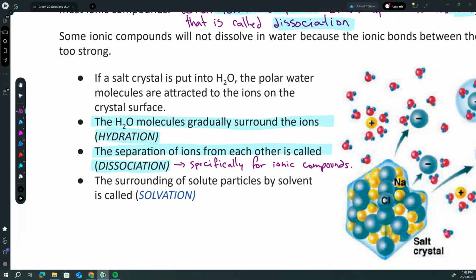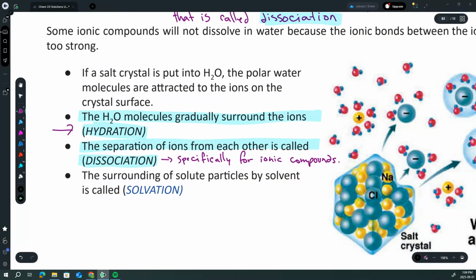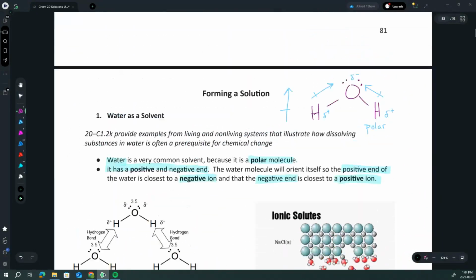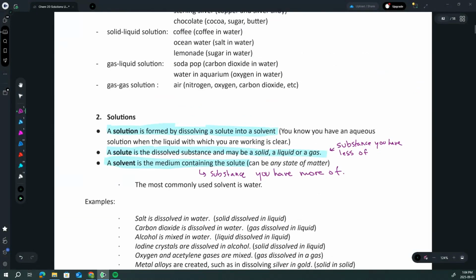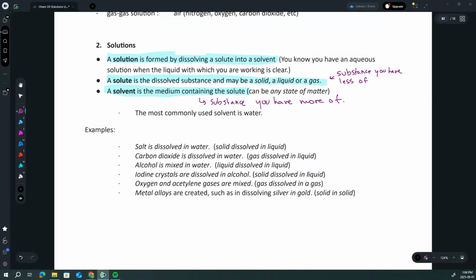And the surrounding of the solute particles by a solvent is just called solvation. So what's the difference between solvation and hydration? Well, hydration just means your solvent is water specifically, whereas with solvation, your solvent could be anything. That more so applies to our other solutions which had things that were not water as the solvent.